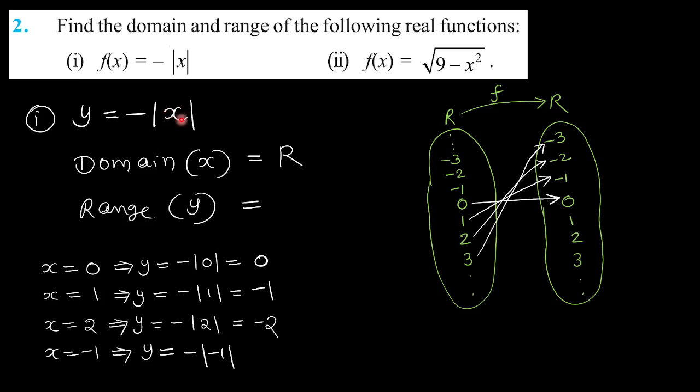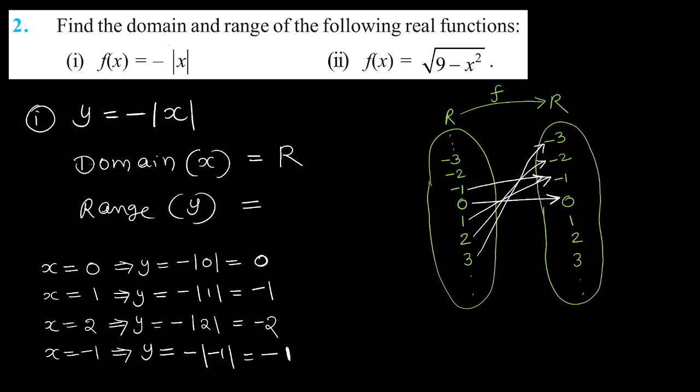Minus of mod -1 is 1. So when x equal to -1, y equal to -1.